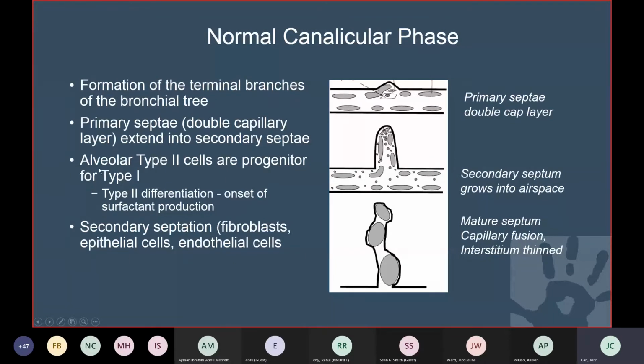And alveolar type 2 cells are progenitors for the type 1, and then the type 2 differentiation gives the onset of surfactant production. The secondary septation occurs in conjunction with fibroblasts, endothelial cells, etc., and eventually a mature septum with capillary fusion and thinning of the interstitium.